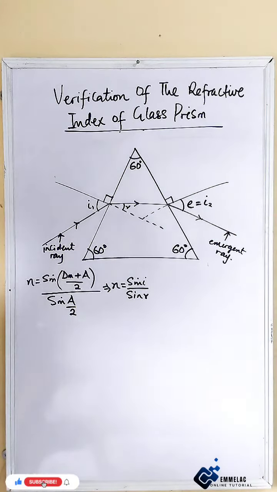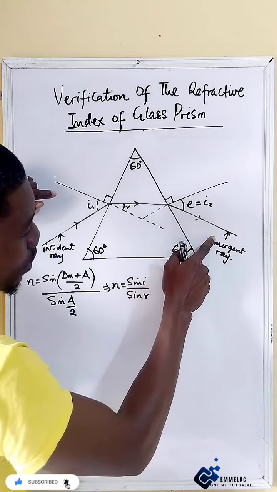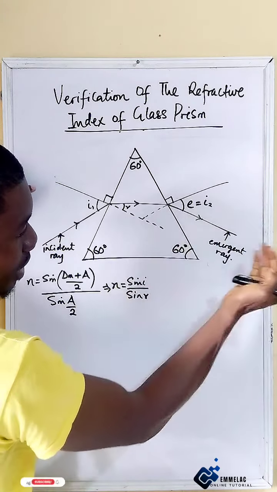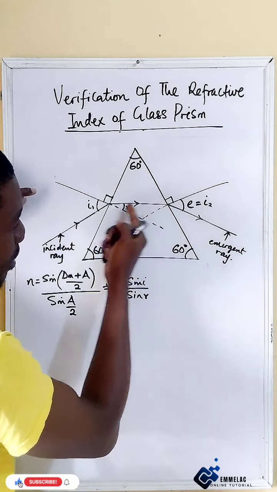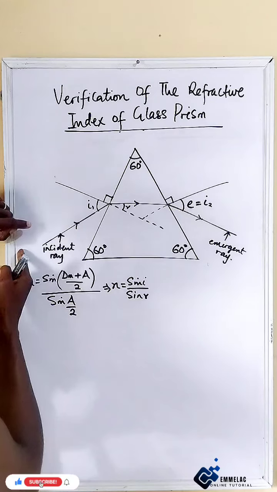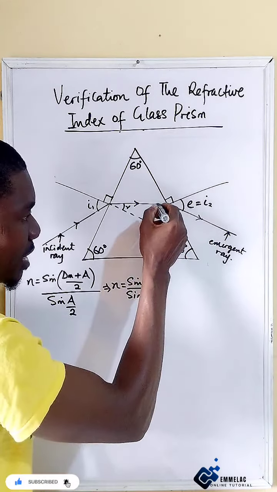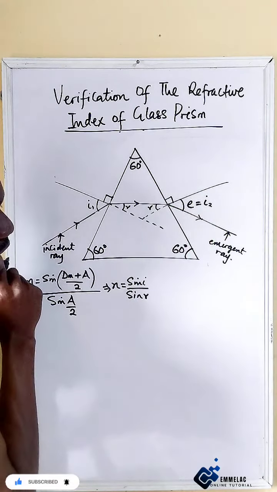All right. So in this case, if we also presume that the incident ray is coming towards this part, towards the emergent ray here, it also follows the same pattern and comes out here. Which also implies that as it comes here, this one also is formed. That is the refracting angle.